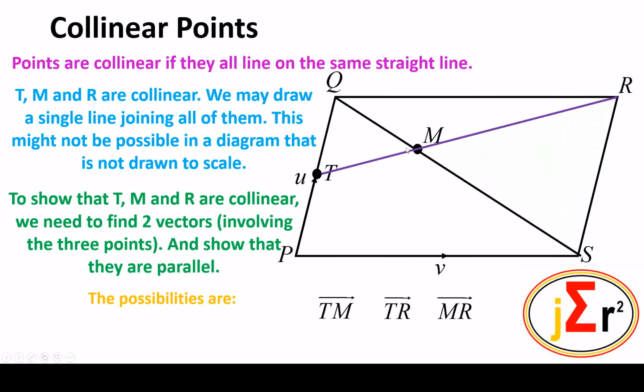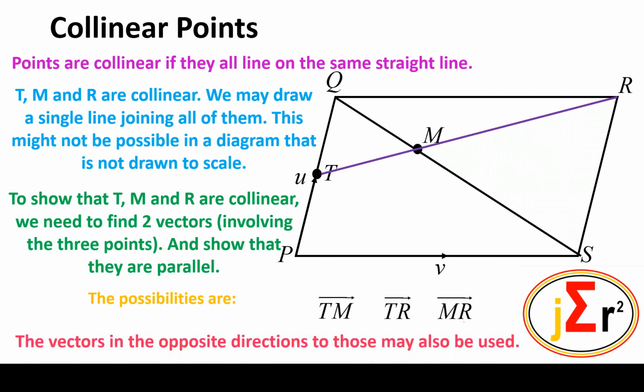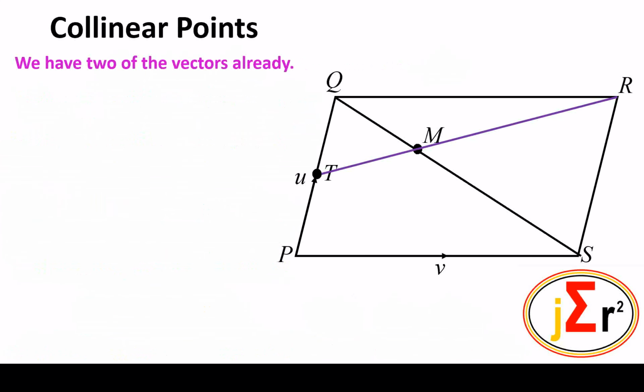What is also true is if we choose the vectors that go in the opposite direction. The vectors in the opposite direction to those that we have may also be used. Now, we have found two of those vectors already, as we will see.